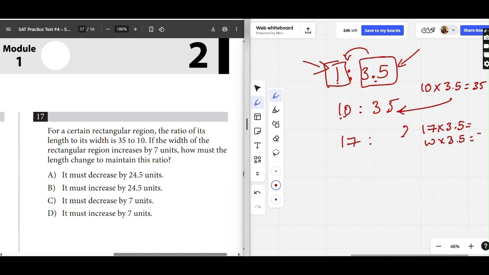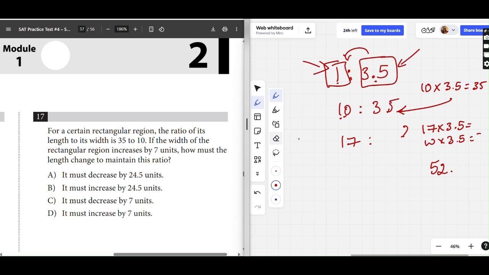That's gonna give me something like 52 point... let me just calculate. 17 times 3.5.